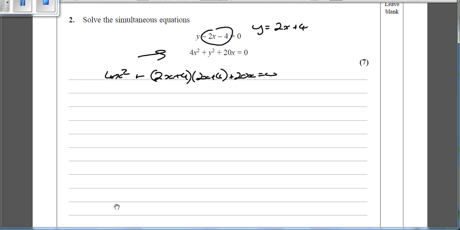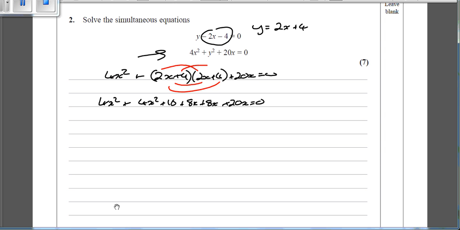You then multiply and simplify, so 4x squared plus, using whichever method you want to multiply that out, 2x times 2x is going to be 4x squared, 4 times 4 is going to be plus 16, 4 times 2x is going to be plus 8x, 2x times 4 is going to be plus 8x, plus 20x equals 0.